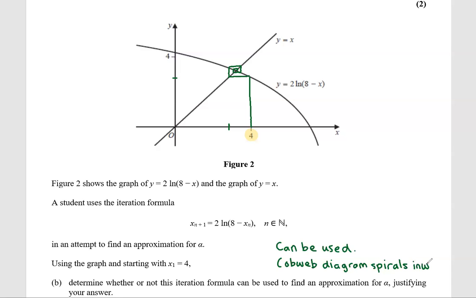Okay, that's enough to get you the 2 marks, okay? You have to show it on the diagram. Okay, so you'll get a method mark for showing that, and you would get an accuracy mark for stating that the convergence of the cobweb diagram means that it will work. It's not going to diverge and bounce around. It's going to actually hone in on that root.